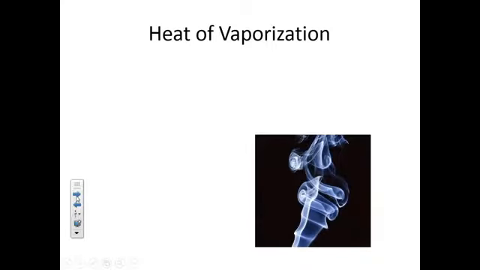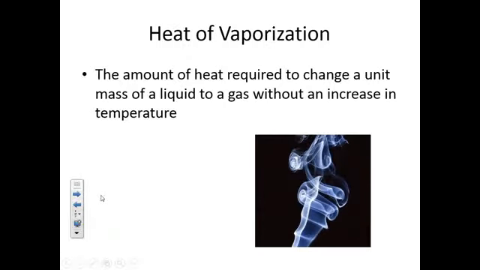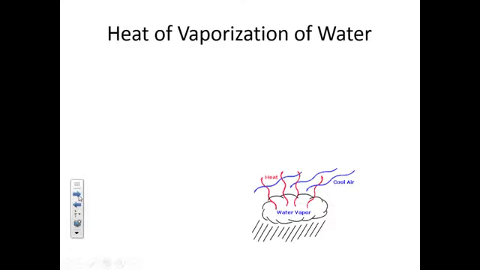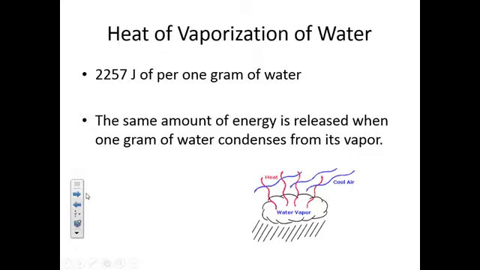Now, heat of vaporization. It's the amount of heat required to change a unit mass of a liquid to a gas without an increase in temperature. So heat of vaporization of water, look at the value of it, 2,257 joules per gram of water. This is absorbed when liquid water changes to a gas, and it's released when that water condenses from its vapor.